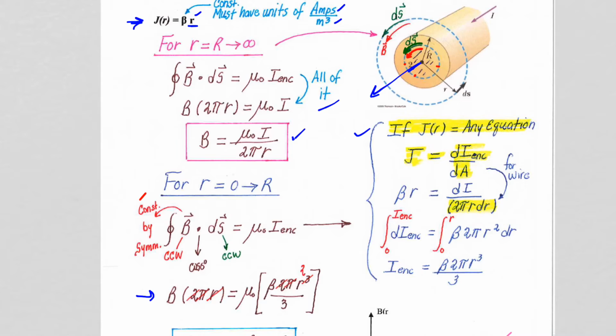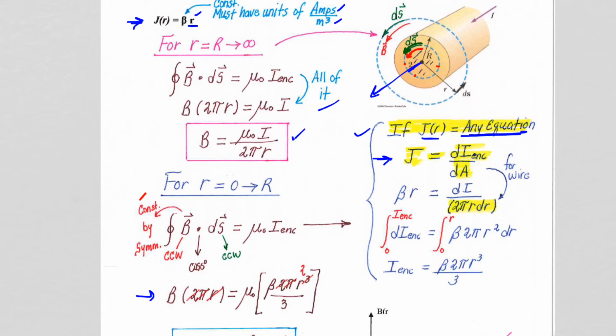Now, the I enclosed is handled differently when we have an equation. So anytime, and this is important, anytime you are given the current density as a function of r and it equals any equation, right? Doesn't have to be linear, any equation. You have to use the calculus version of density.